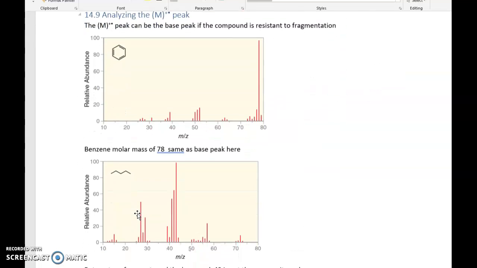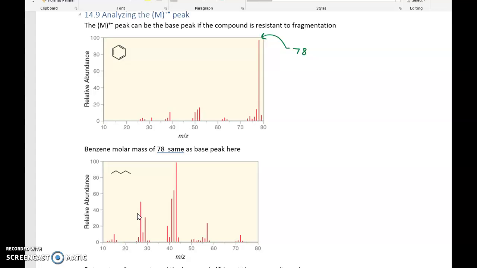We want to analyze this peak. It's one of the most important peaks because it gives us the molar mass. If we have a compound like benzene with a molar mass of 78, this is very resistant to being broken up, and so this is our molecular peak, the same as our base peak.